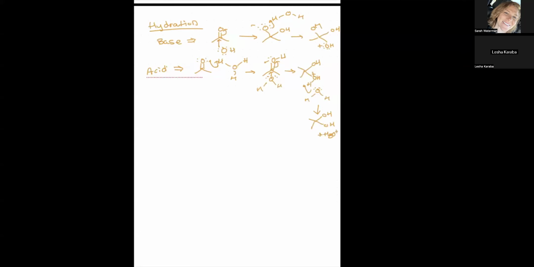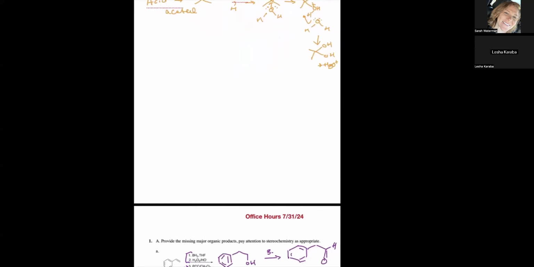Your base catalyzed is only going to do a hemiacetal, and your acid can make a full acetal, right? Oh, this is supposed to be OR, not OH. Anyway, as far as ketones versus aldehydes, as I started to say before, ketones have more steric hindrance.